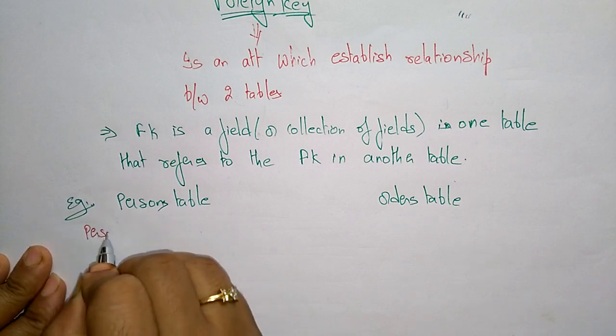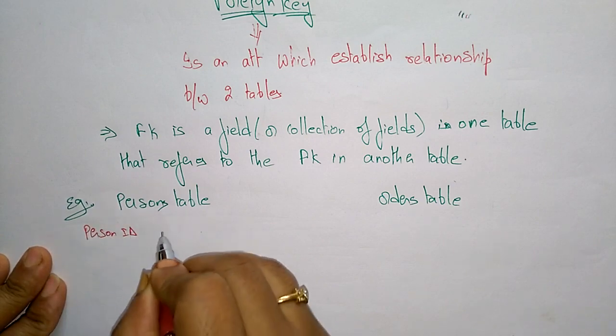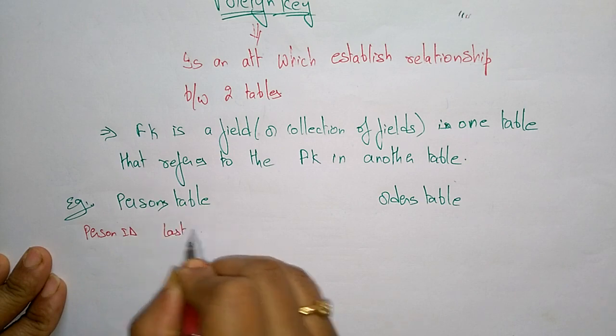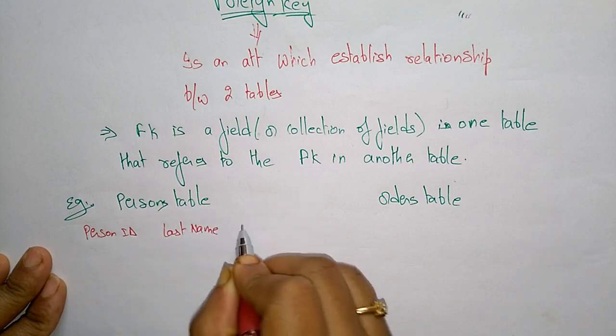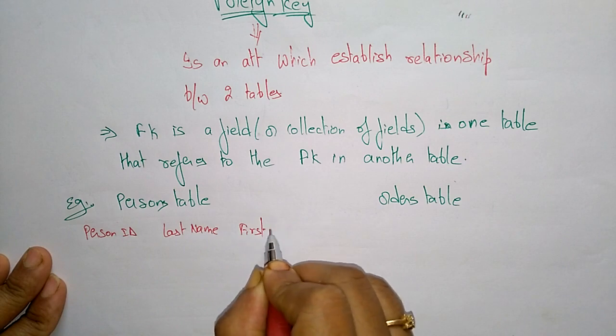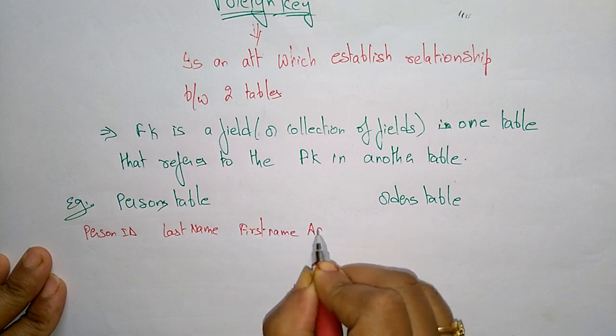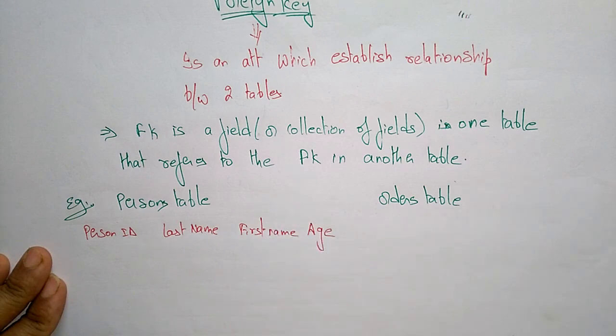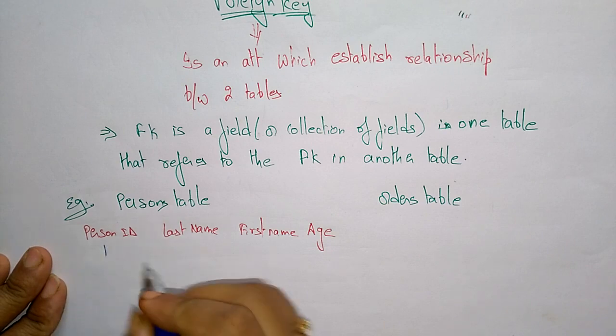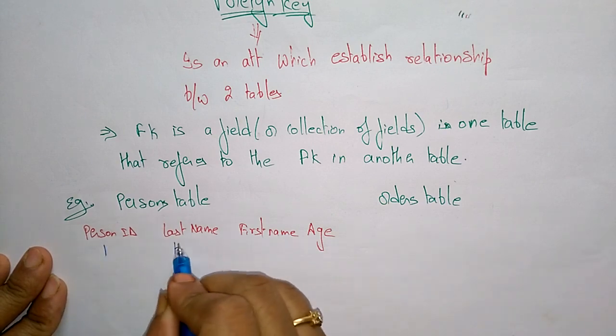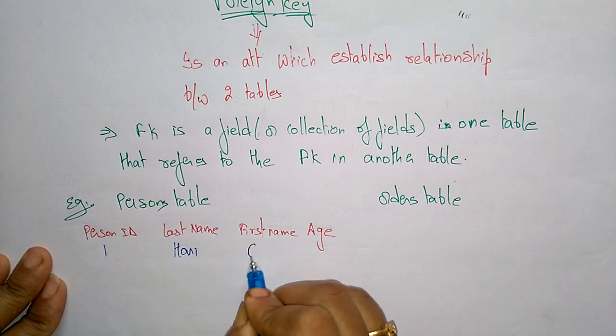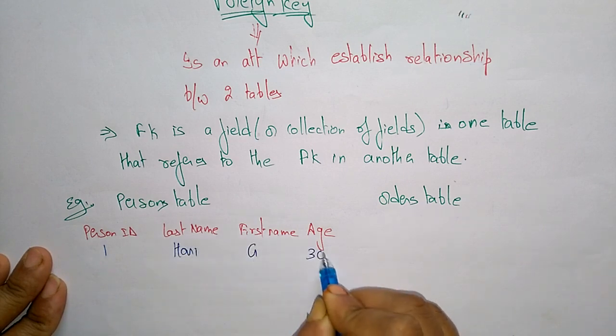The fields in it are person ID, last name, first name and age. Coming to the values, person ID is 1, the last name is Hari, G is the initial and his age is 30.